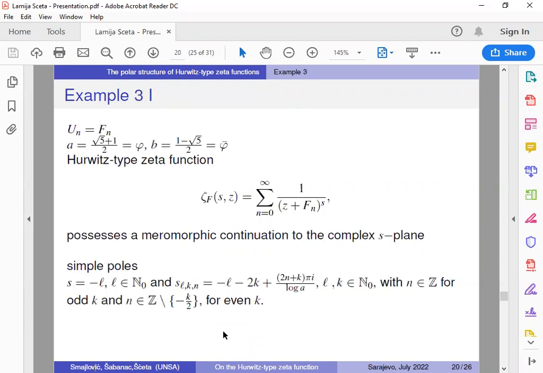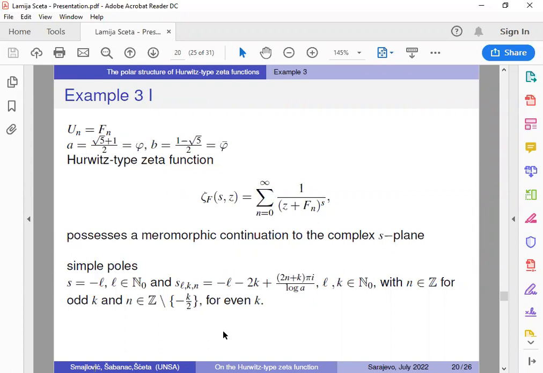The second example is when we take the sequence of Fibonacci numbers, and for that sequence, the corresponding Hurwitz-type zeta function looks like this.